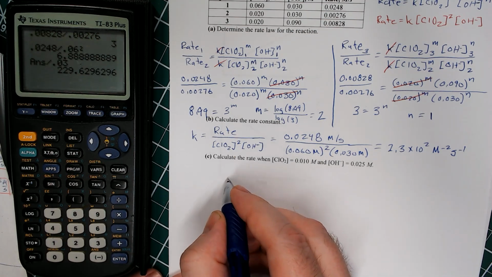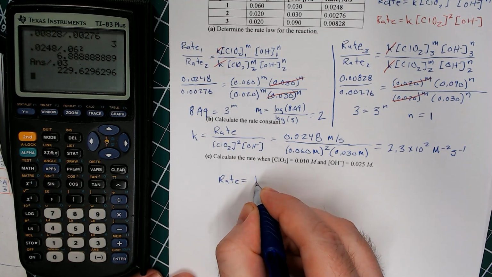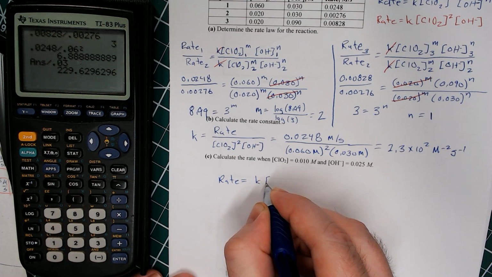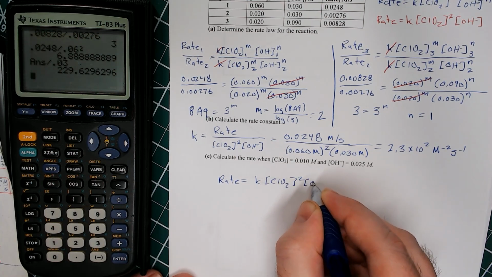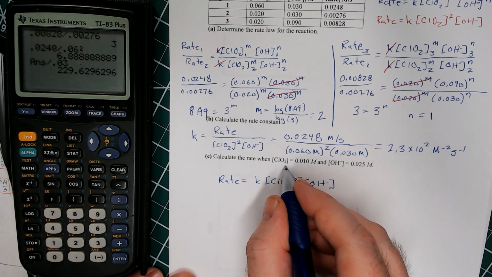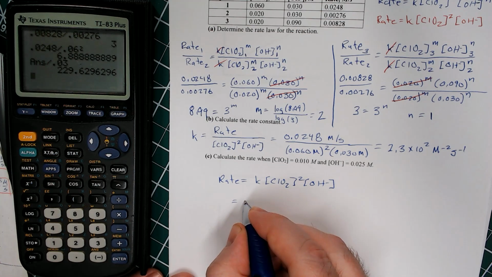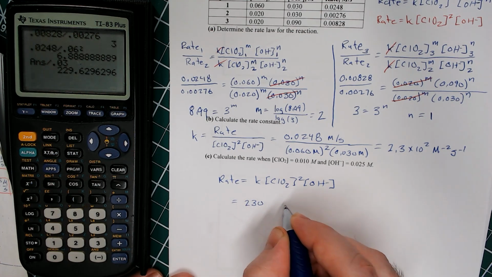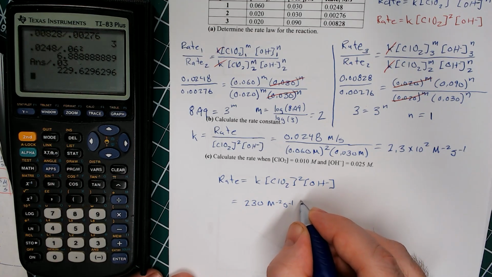And so here, rate is equal to K times the concentration of ClO2 squared times the concentration of hydroxide. So we'll go ahead and put our rate constant in. So 230 molar to the -2, seconds to the -1.